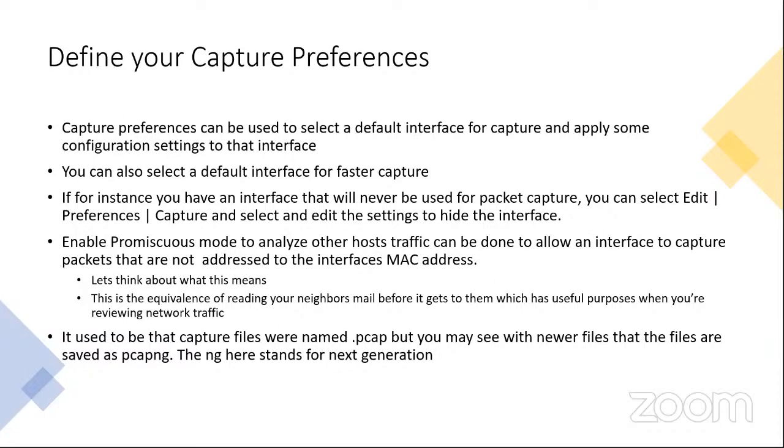If it's not in promiscuous mode, then the only way it would know about something is if that information is sent specifically to that host. But when you enable promiscuous mode, it's going to mind everybody's business. If it's not in promiscuous mode, it's only going to mind its own business.